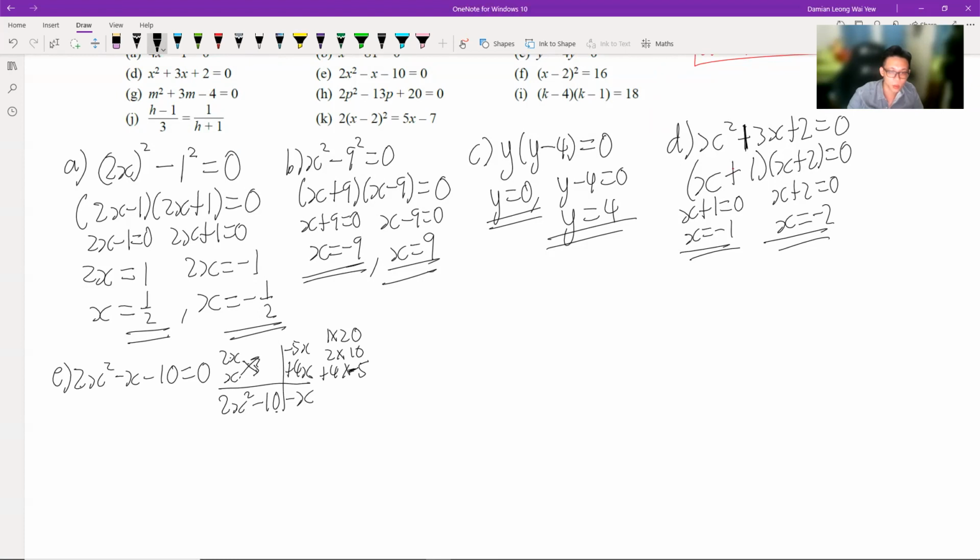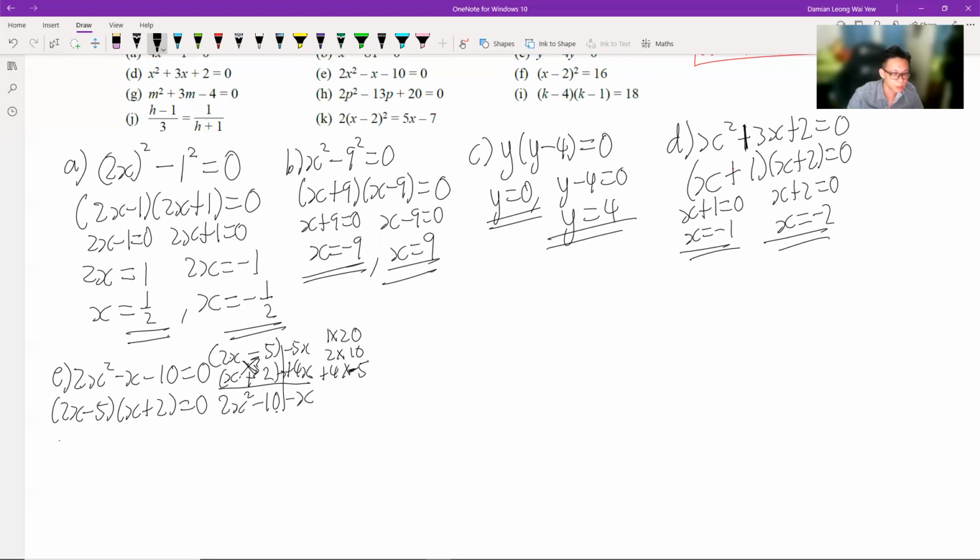So 2x will multiply this to get the plus 4x, so here must be +2. x will multiply with -5 to get -5x. So these two will end up as the brackets, as the factorized form. So (2x minus 5)(x plus 2) equals 0.